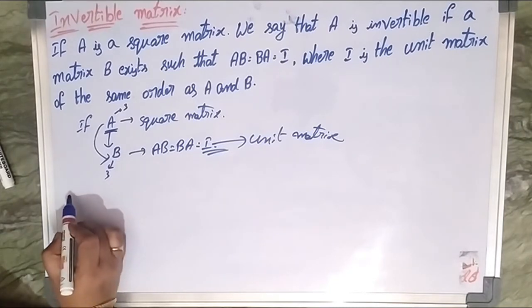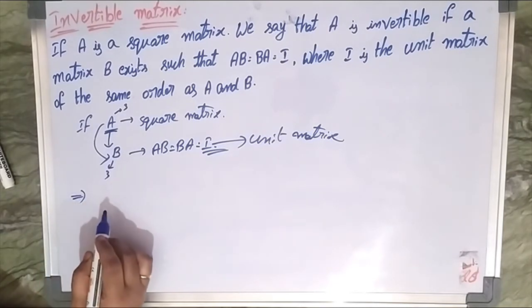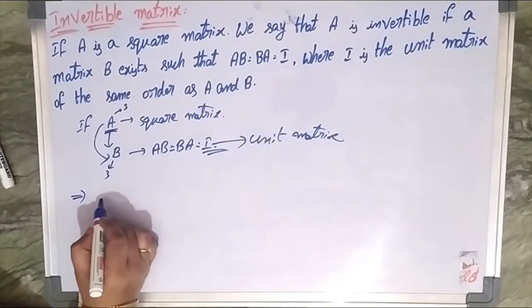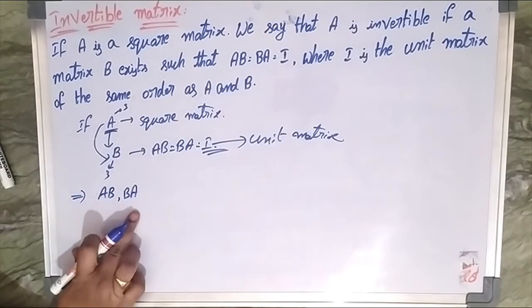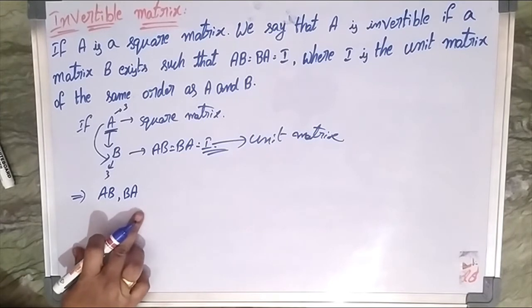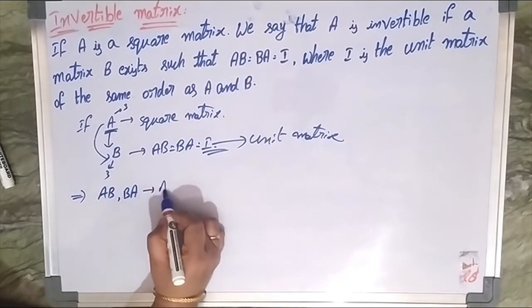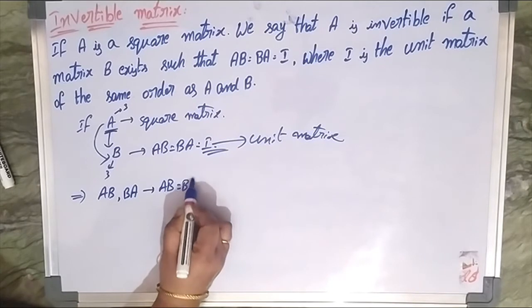Then some of the important points: for the products AB and BA, both are to be equal. That means AB equal to BA.